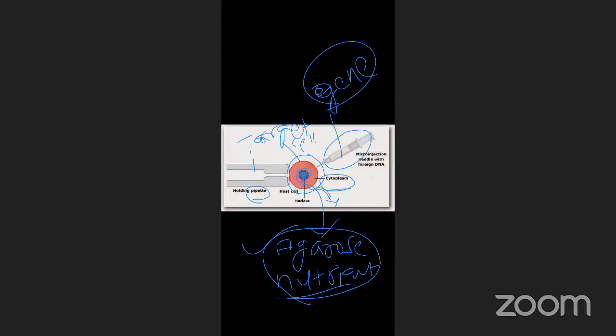But in the protoplast culture method, only one protoplast is separated, the one that already has the desired gene. Now the desired gene protoplast is cultured on agarose nutrient medium.